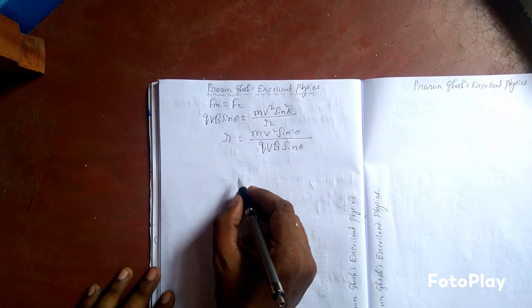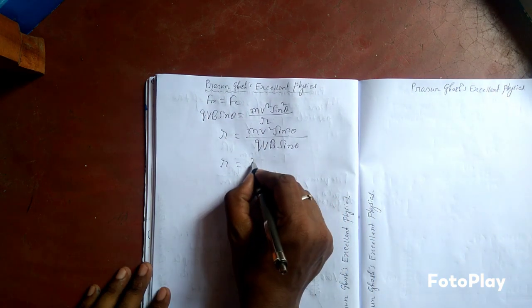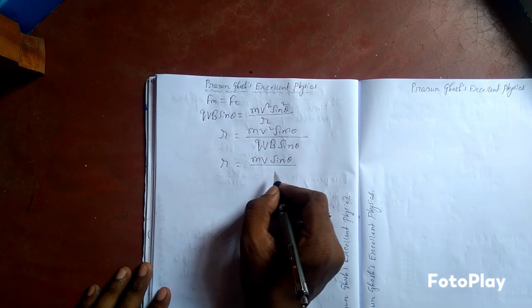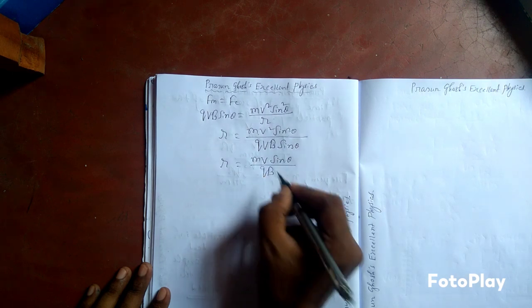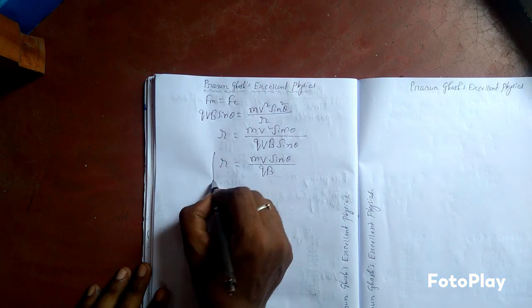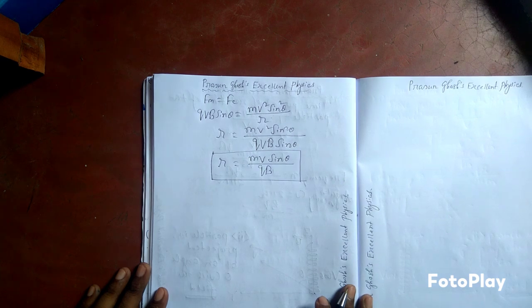So r equal to mv sin theta by qB. So this is the relation of radius of orbital path.